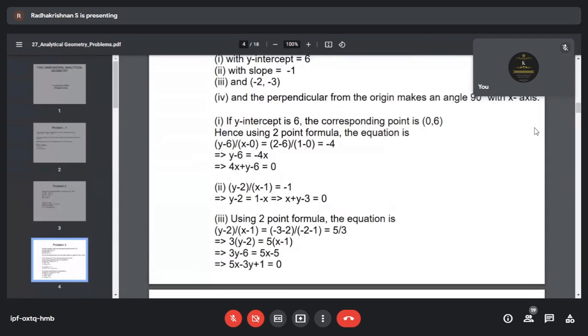Okay. So (y minus y1) by (x minus x1) equal to (y2 minus y1) by (x2 minus x1). So both represent slope. So you simplify it, you get 5x minus 3y plus 1 equal to 0.